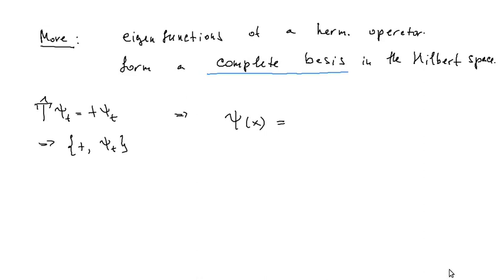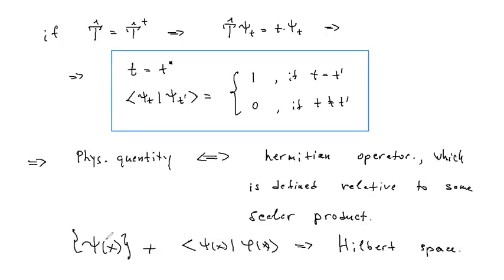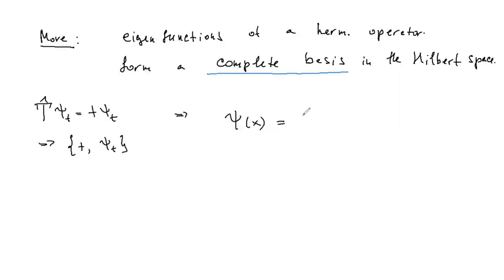And remember, this Hilbert space is just a space of your wave function plus you introduce inner product for this Hilbert space. Can be expressed as a sum of eigenfunction for this operator T and some constant.